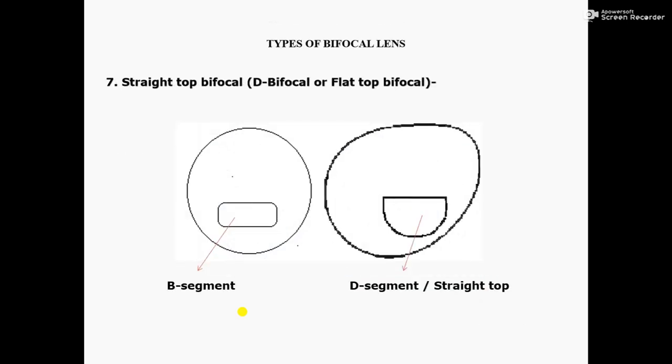Next, number 7, straight top bifocal. Another name is D shape or flat top bifocal. Here the button had an upper half of the same refractive index as that of the original lens, but the lower half of the button was of higher refractive index.